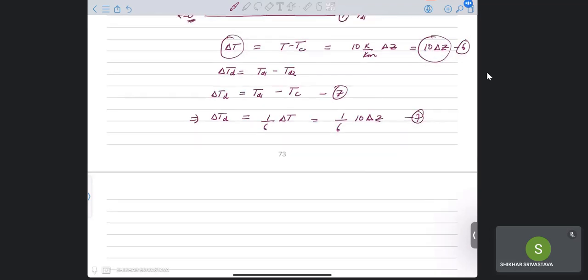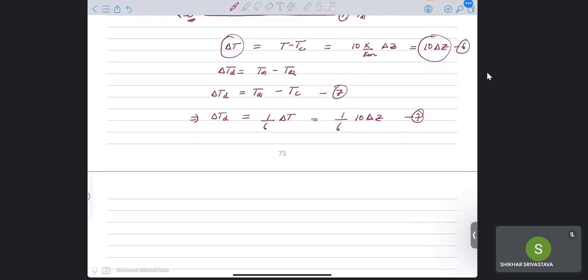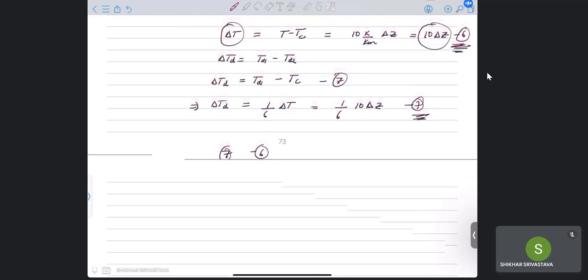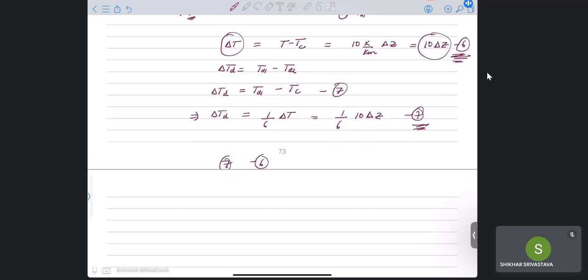Now what we'll do is take equation 7 minus 6. This derivation is not that important; the end result will be important. You can go through the derivation once or twice and you will be able to do it.